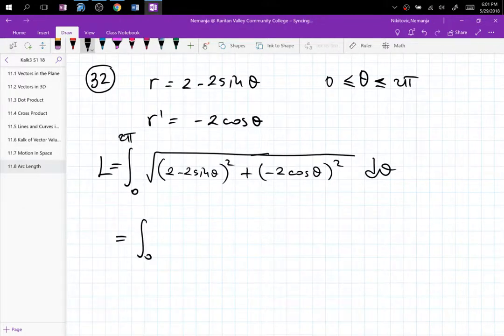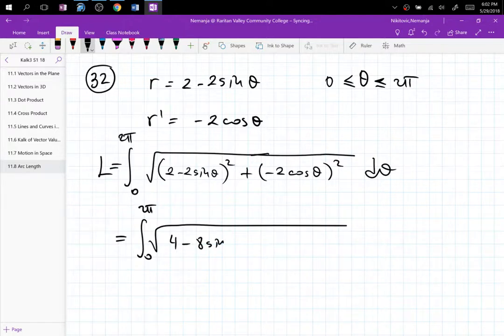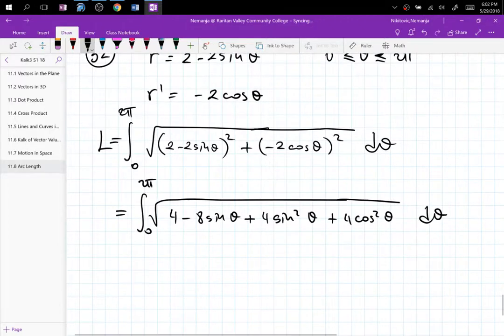So the integral 0 to 2 pi, now we have to FOIL. That's 4 minus 8 sine theta plus 4 sine squared theta plus 4 cosine squared theta d theta.